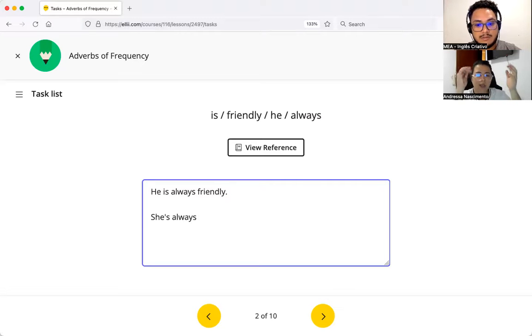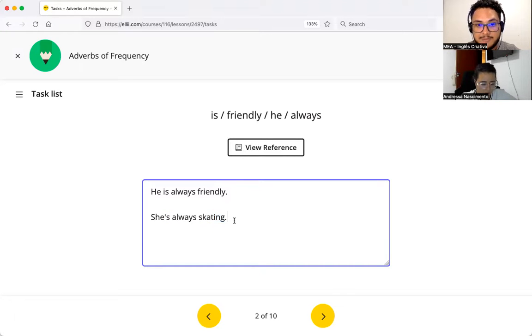How can I say andar de skate? Skate is a verb. She's always skates. No, she's always skating. Skating. Because in this sentence here, you are talking about present continuous. Remember? Verb to be, ing.